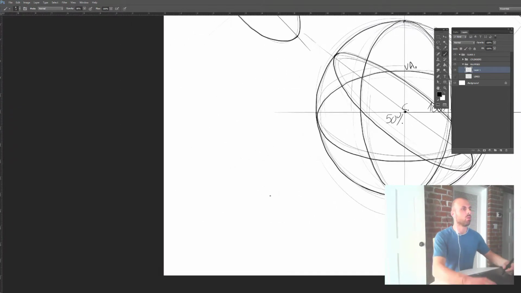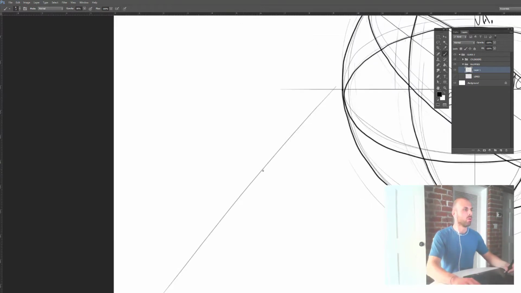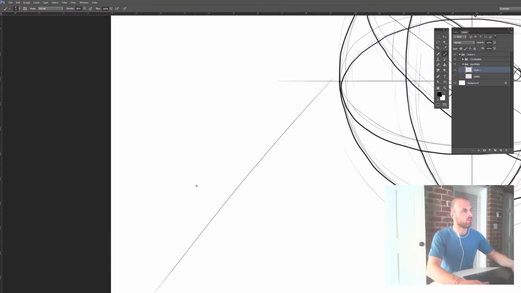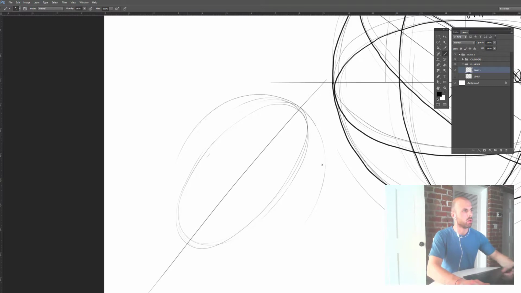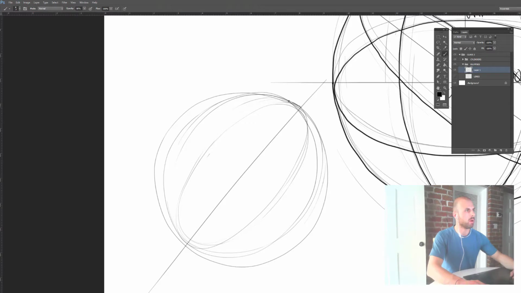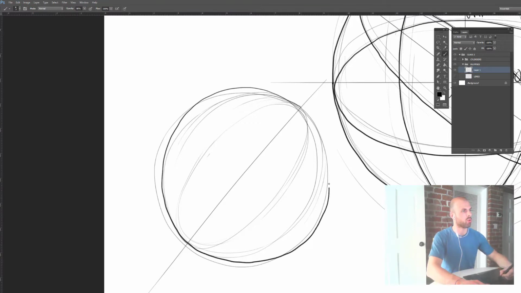So, in conclusion, you need a straight line, and you're going to use this straight line to place an ellipse. You can make it wider, and you can keep widening it up until you create like a full circle.